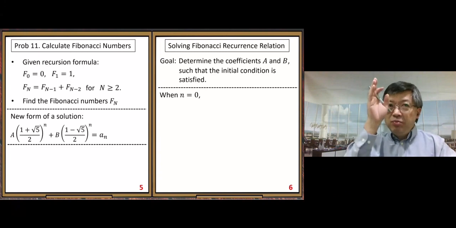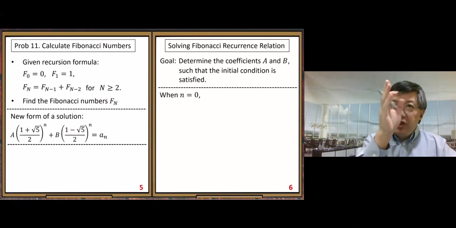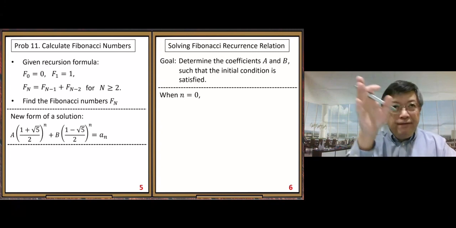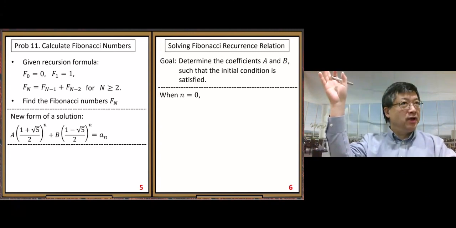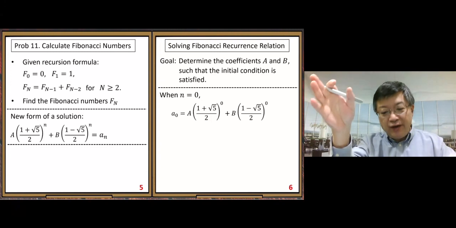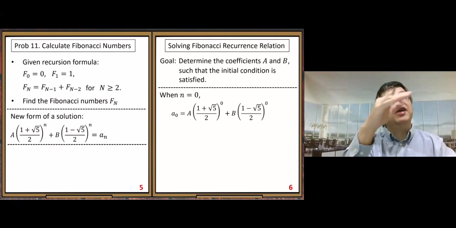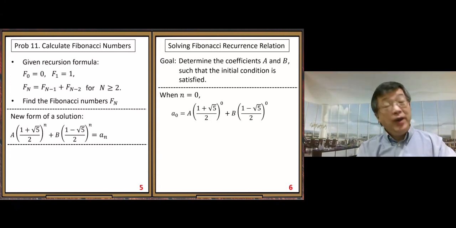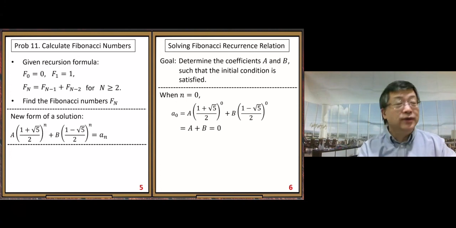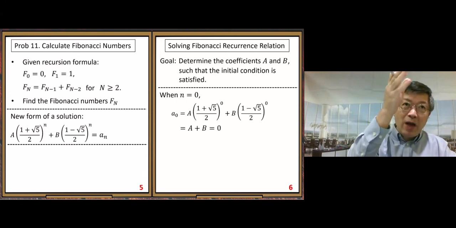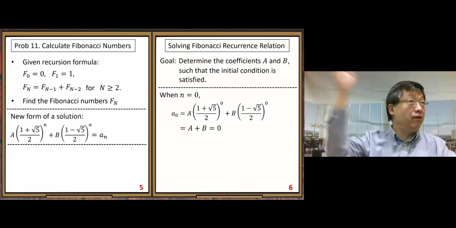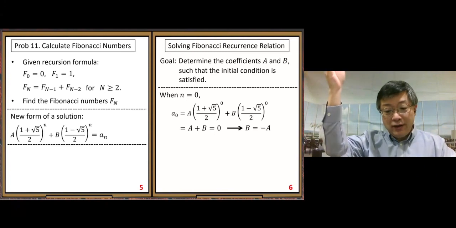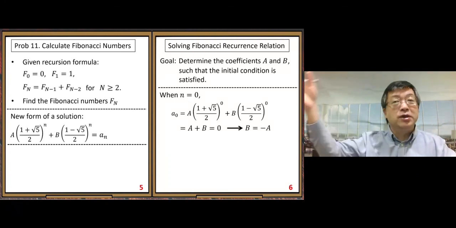Let's plug in small values of n. First, n equal to 0 gives us A0, and we know A0 equals 0. That means capital A plus capital B equals 0, our first equation. Then we find B equals negative A.